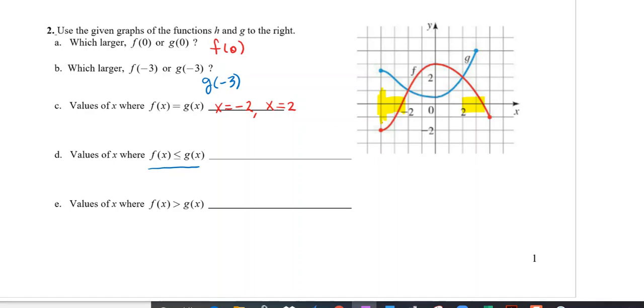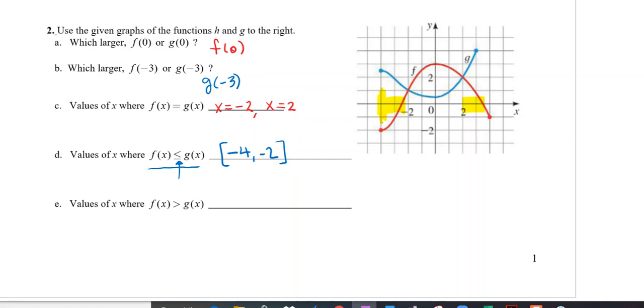And so between -4 and -2, the red is below the blue, so it's smaller. f is smaller than g. At -4 also, it's smaller, so we want to include that. At -2, they become equal, and equal is included in this inequality, so we want to include that.